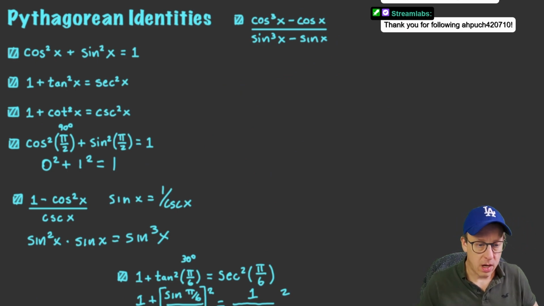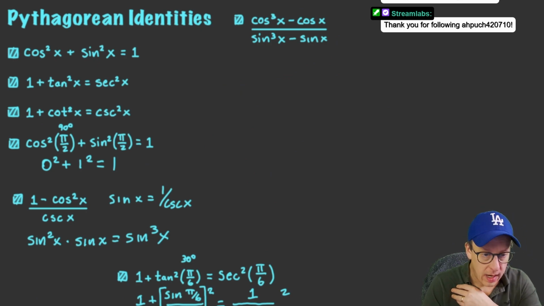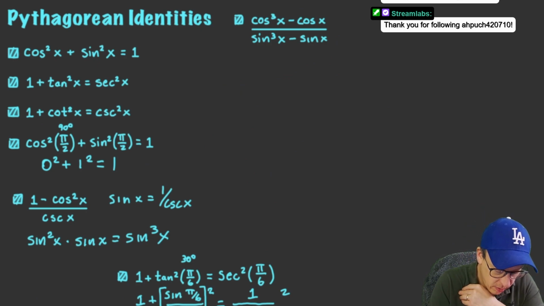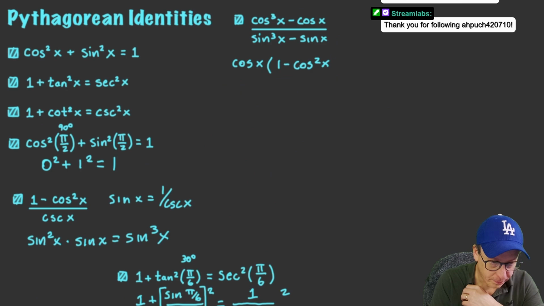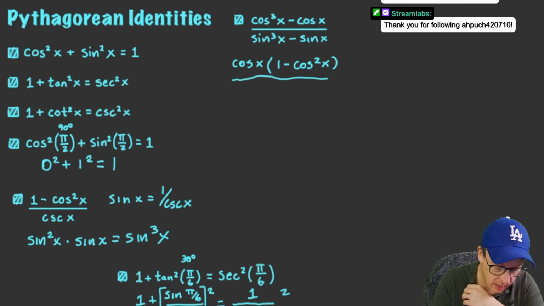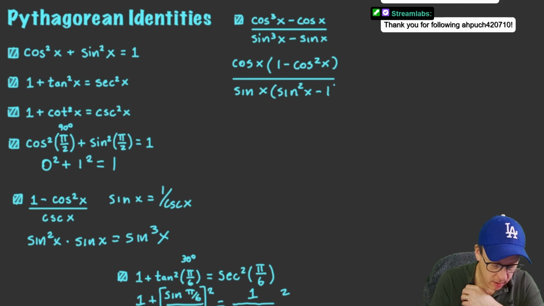All right, so this is going to end up being, so we have cosine, simplify this down, cosine x and 1, of course, and minus cosine squared x divided by, let's keep that line straight, sine of x sine x squared minus 1.